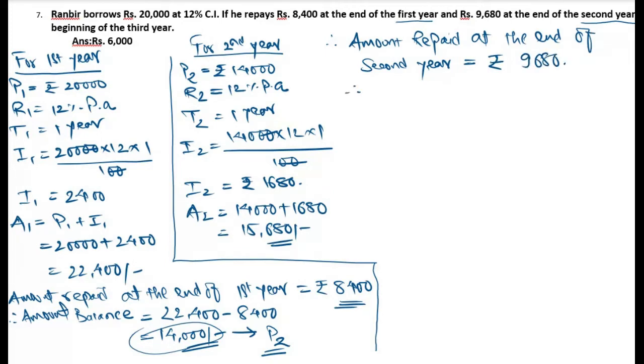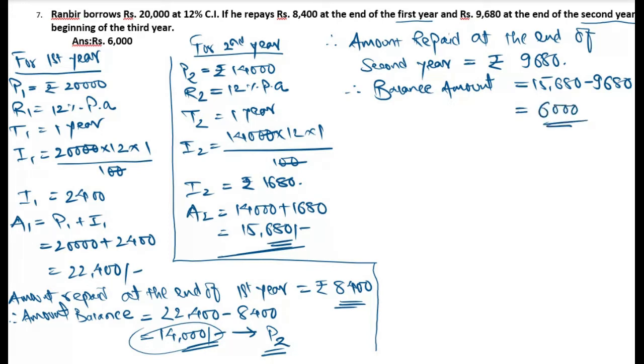Therefore balance amount is equal to, what is the amount at the end of 2 years? 15,680 minus 9,680, right? So this will be 6,000 rupees. So this is the balance amount. Even after paying 9,680 rupees at the end of second year, the amount he still owes to the person or the bank from which he has taken the loan is rupees 6,000.